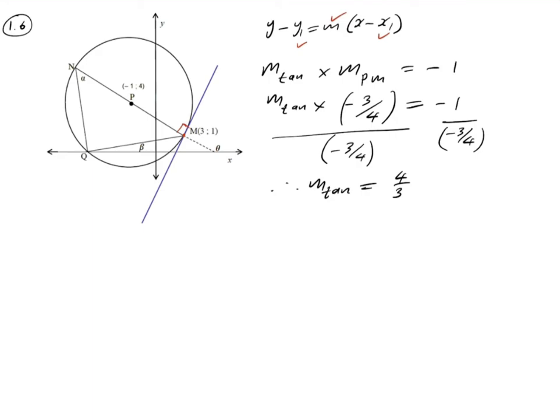Now we substitute. Like I said, we already have a point. Our point is going to be M. So we say Y minus Y1 is equal to M10 times X minus X1. Y minus Y1, for M, Y1 is 1. And then we say 4/3. X minus X1 is going to be 3 at point M. So say 3 there.